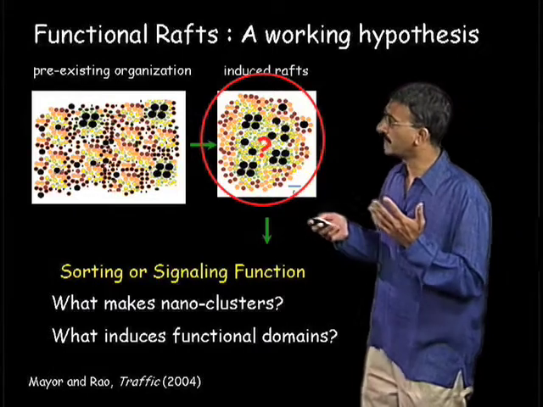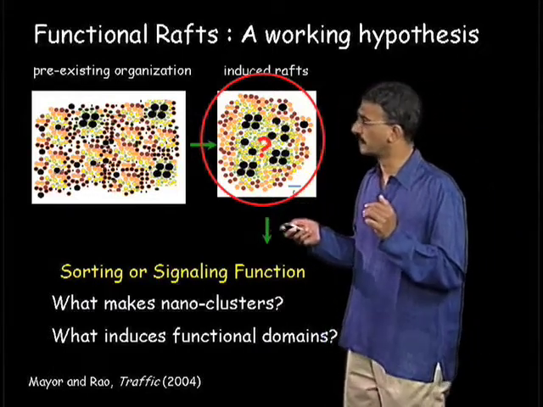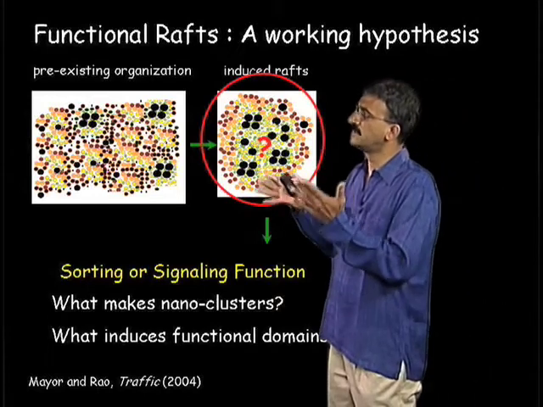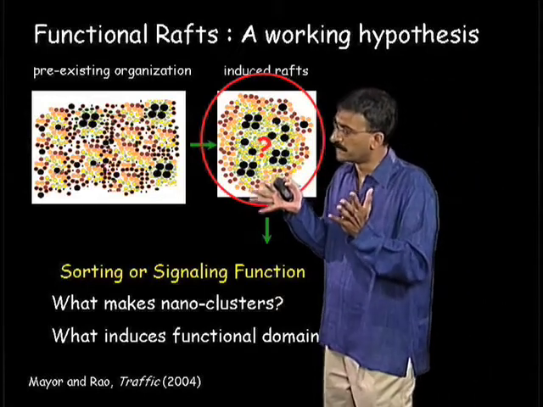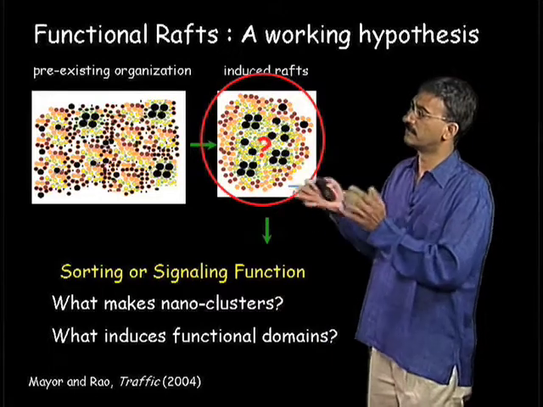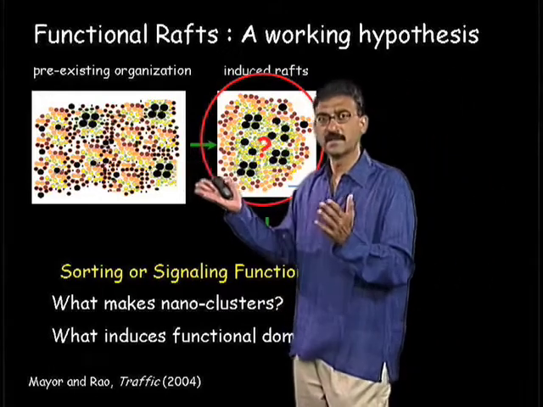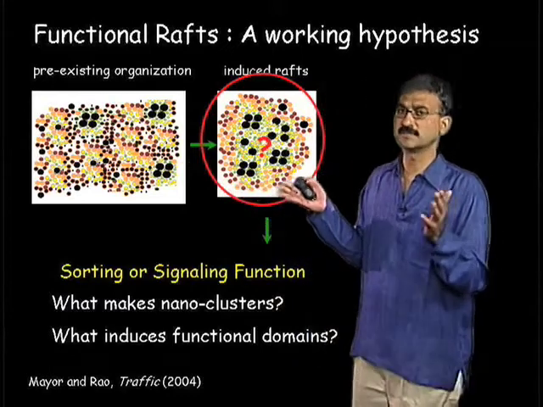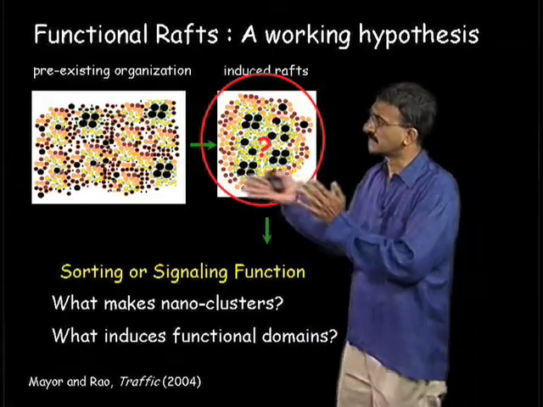So what we have been able to do is image the signals that we had observed from these nanoscale clusters, the FRET signals, the fluorescence or Förster's resonance energy transfer signals from these nanoscale structures.